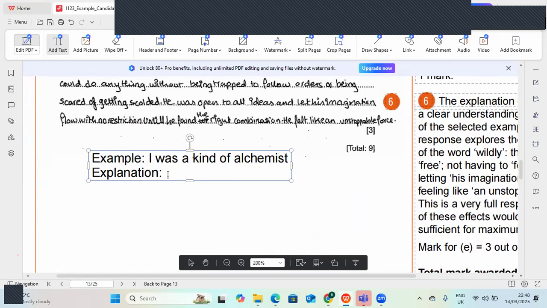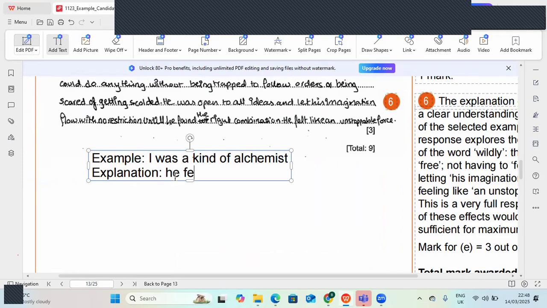So now we look at this. Well, like Fatma said, he felt like. Can you repeat it, Fatma? I'll type it for you. The writer felt, yes, Fatma. He was describing it like how chemists and alchemists make their experiments in labs and stuff.